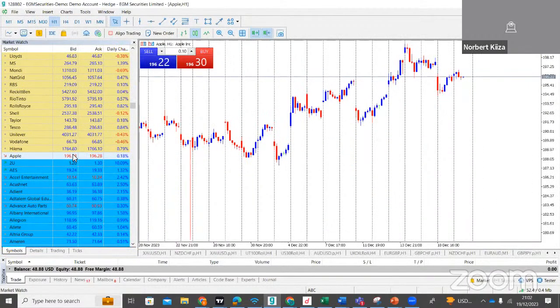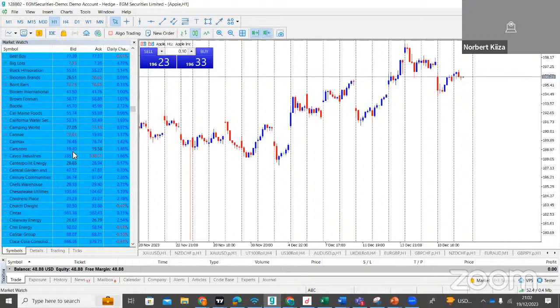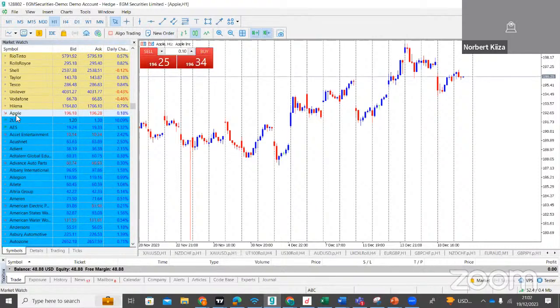Then on the market watch section, you'll be able to get different categories of assets. So for example, if you want to trade Apple shares, you'll just click on the Apple share and drag it on the chart.